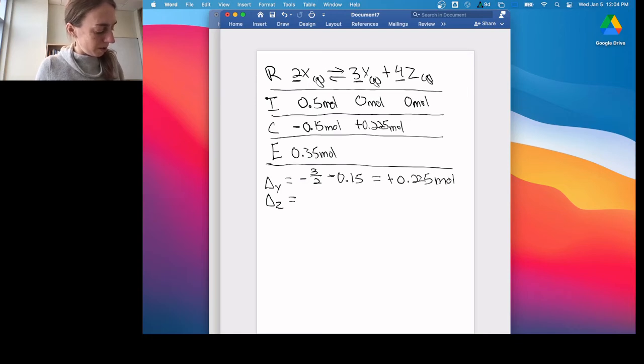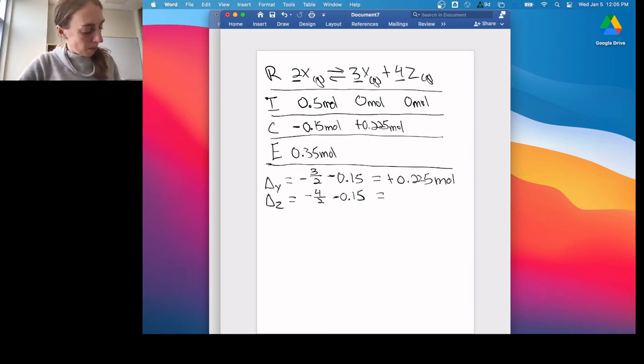And we can do the exact same thing for Z. So our change in Z is our stoichiometric ratio of Z to X, so 4/2 times however much we lost of X, 0.15. So that's effectively 2 times 0.15, which is positive 0.3 moles. So plus 0.3 moles.